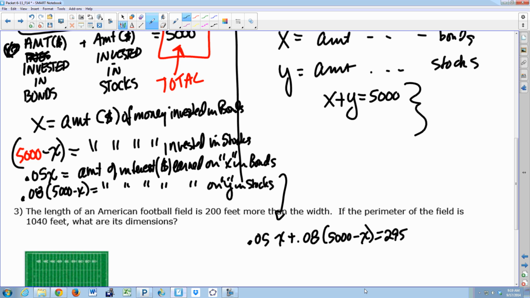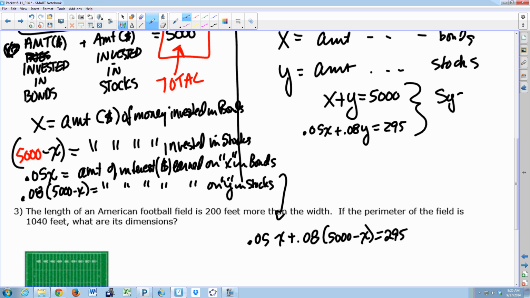You go from there. However, if you like this idea of two variables, then you're going to end up with exactly the same equation. You just get there a little differently. Again, the same idea, 0.05x plus 0.08y is equal to 295.